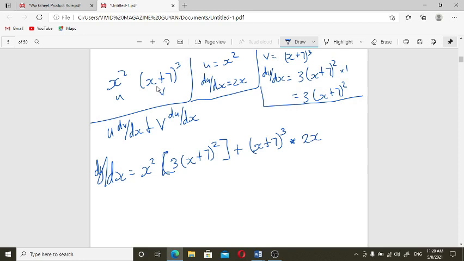So like I said before, get this out of the way. So you'd have 3x squared (x+7) squared plus, I'll put 2x in front, and then we have (x+7) cubed.